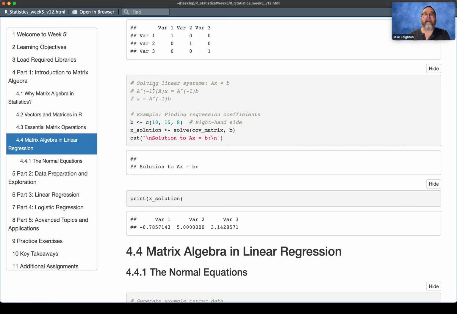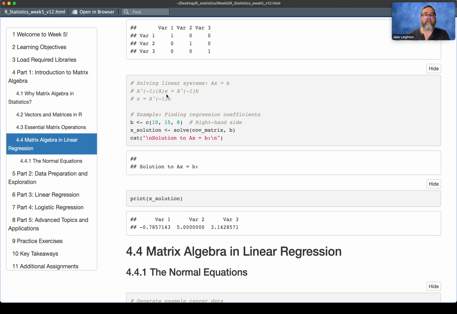A inverse, dot product times A, gives us an identity matrix, which is basically 1 in matrix form. So we can just multiply by the inverse on both sides of the equation, right? So on the left, we'll do A inverse times A.